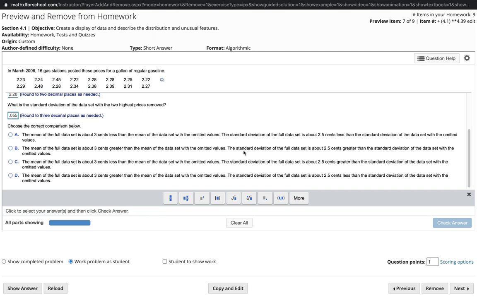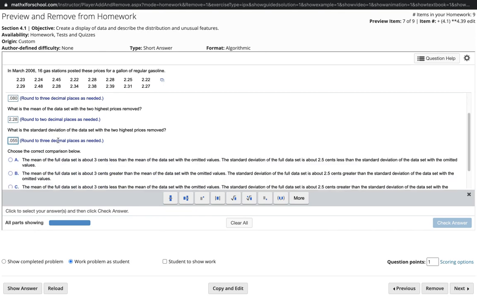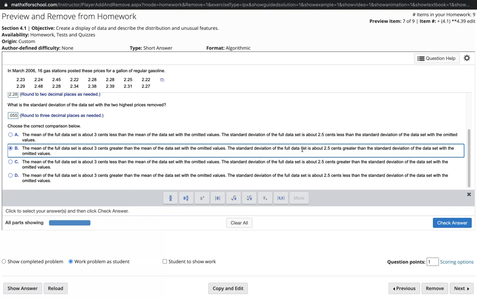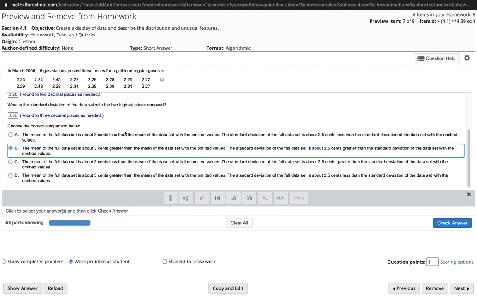That's going to be B, it looks like. The mean of the full data set is about 3 cents greater. That's true. And the standard deviation of the full data set is about 2.5 cents greater. 0.080, 0.055. That looks right to me. So the answer in this case is B.